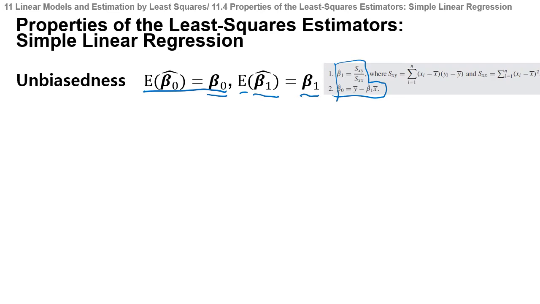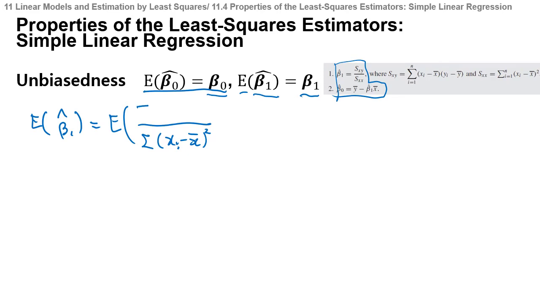To do that, the random part here is y. So let's check the expected value of beta 1 hat. This is the expected value of 1 over SXX, which is the sum of xi minus x bar squared, and these are non-random values.